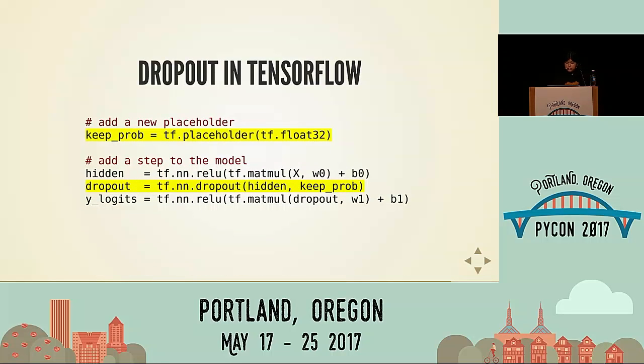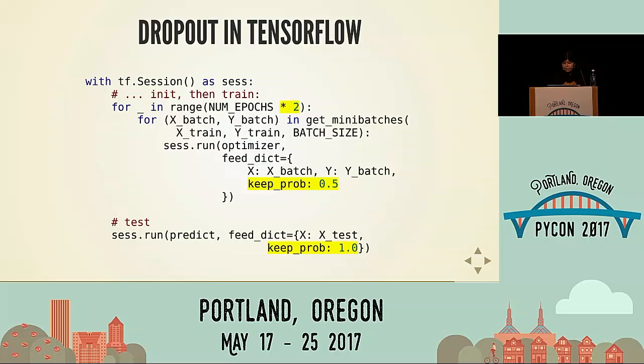The first thing we do is add a new placeholder. The placeholder defines the probability of keeping a neuron, and we usually set that to 0.5. Then we add a dropout operation between the hidden layer and the output layer, supplying it the keep probability. During training, we pass it a keep probability of 0.5, which drops out half of the neurons.